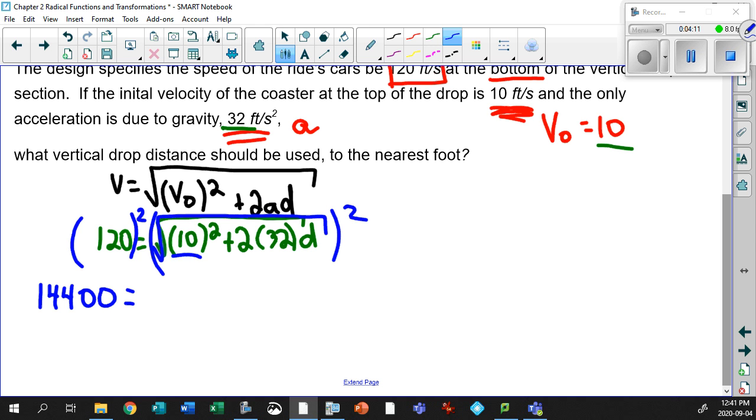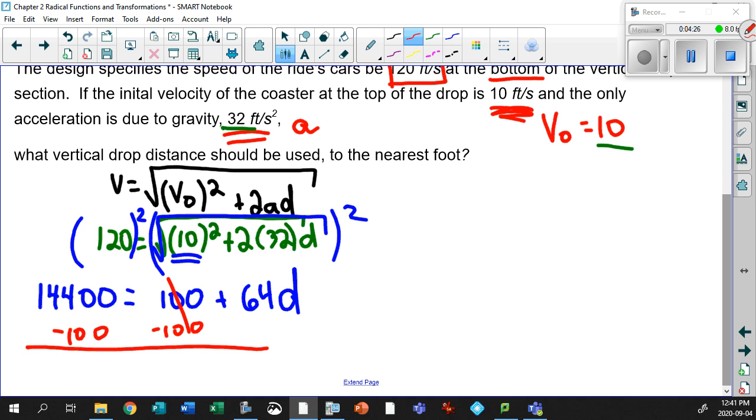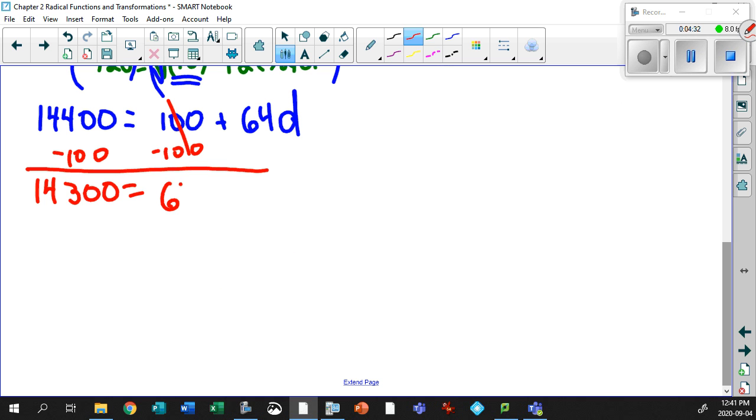Leaving you 10 squared, which is 100, plus 2 times 32, which is 64d. That's just simple algebra from that point. Minus the 100 from both sides, giving you 14300 equals 64d. Divide by 64, divide by 64.